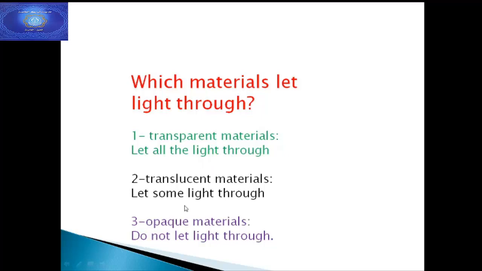The other type, translucent, lets some light through, meaning it allows some light to travel through it. And we have the third type, opaque materials. Opaque materials do not let any light through, and do not let light travel through them.